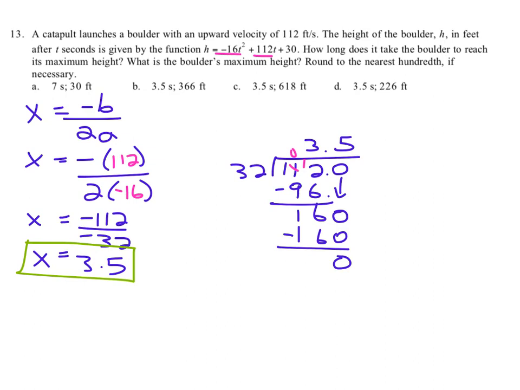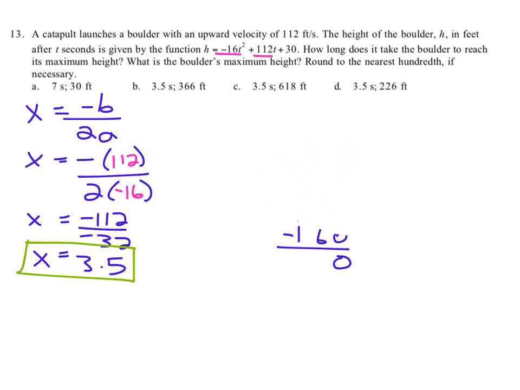That's how long it takes to get to that highest point, where gravity and the upward velocity cancel each other out. Just for that instant, it's at that highest peak and kind of stopped, and then it's changed direction and it's falling after that 3.5 seconds. But the question is, what is the maximum height that it reached?